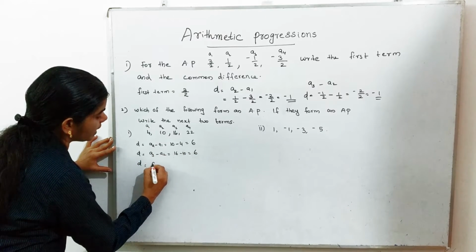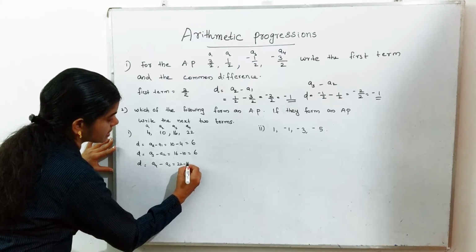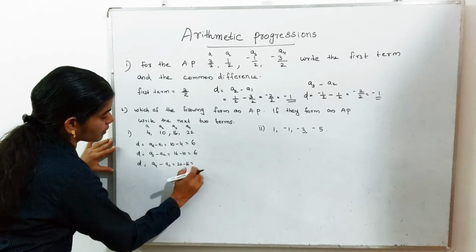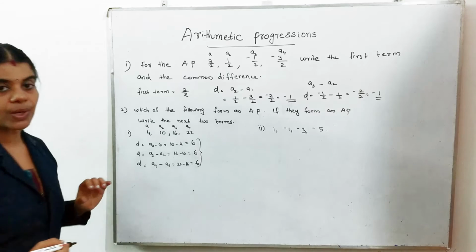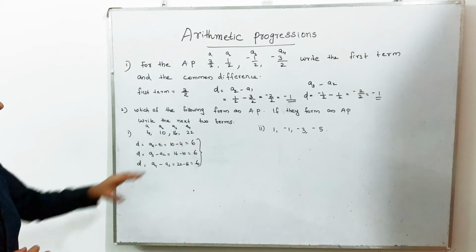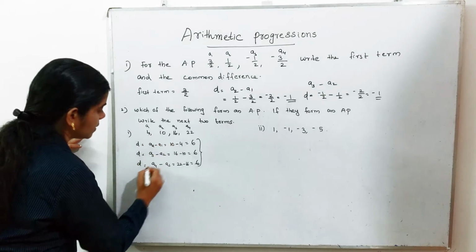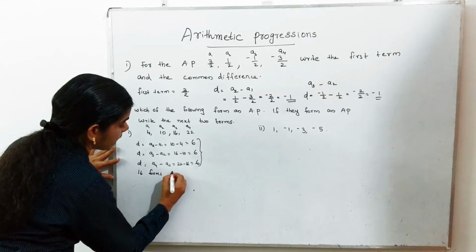Again, A4 minus A3 is 22 minus 16, that also is 6. Every time you got D equal to 6, therefore it forms an AP.